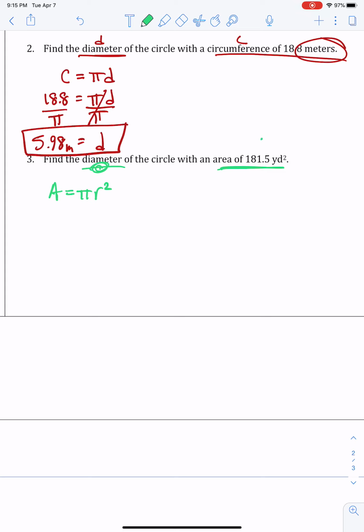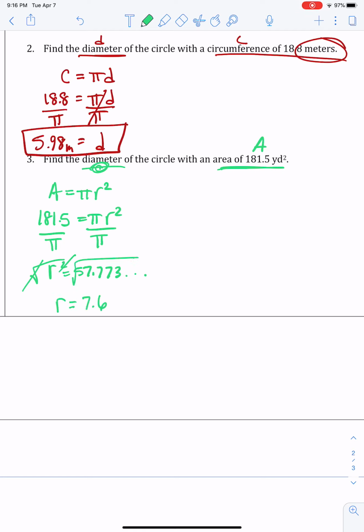So here's my area. So 181.5 equals pi r squared. I'm going to divide by pi, and I get r squared equals 57.773, and it keeps repeating because it's not a perfect square. Take the square root of both sides, and I get that r is 7.6.